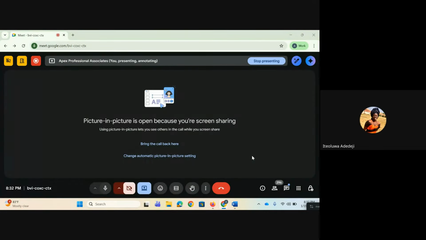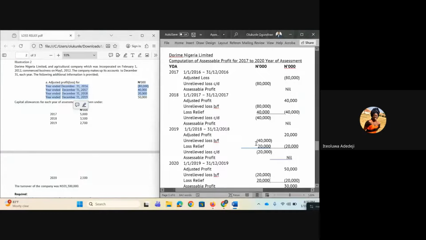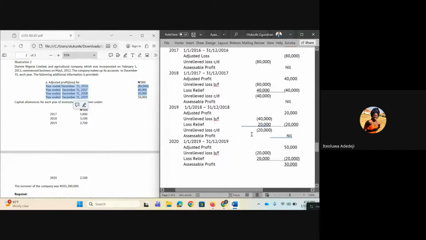It says, please, in a situation where a company has a loss in a particular year, will they have the fund? No. Because the fund is applied on assessable profit, and adjusted profit deducted from loss relief gives us the assessable profit. So in the year where you make a loss, there will be no fund because it's 2.5 or 3% of your assessable profit. And obviously, if you have unrelieved loss, it means there's no assessable profit, right?